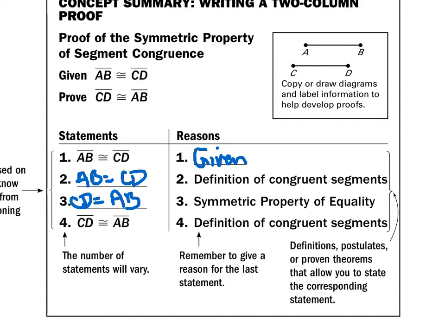And then I can go ahead and say that means that the segment itself is congruent to AB. And then I'm going to give the reason why we can say that, because it's the definition of congruent segments. So in our proofs, we can use definitions, we can use postulates, or we can use other theorems that we've already proven for reasons, and givens.